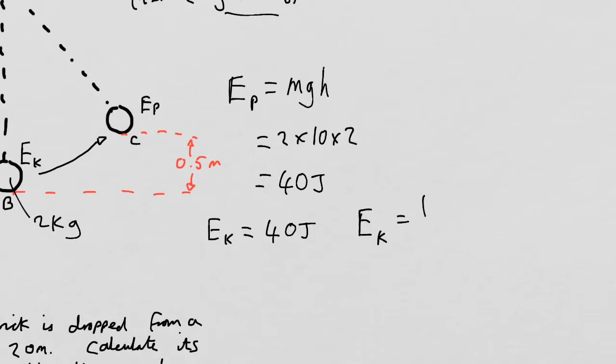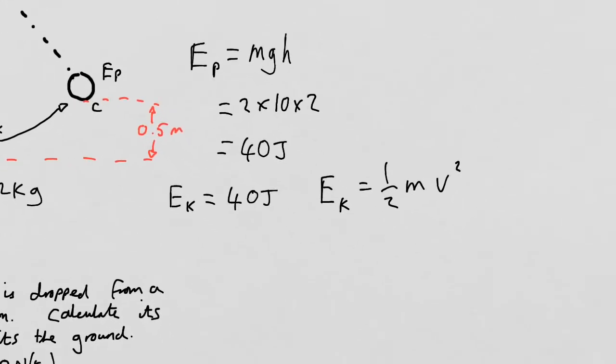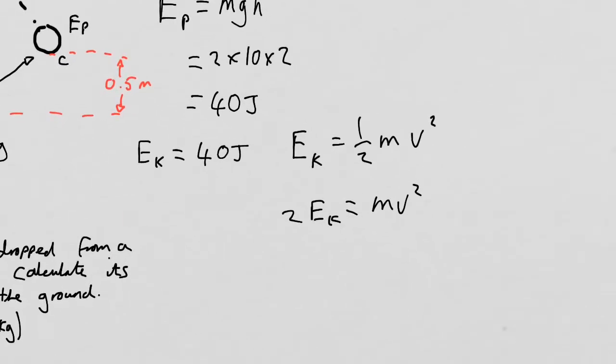Kinetic energy is half times the mass times the velocity squared. If we rearrange it, we can say 2 times the kinetic energy is equal to mv squared, just by removing that half and moving it to the other side. We can also then divide it by m: 2Ek divided by m gives us v squared.